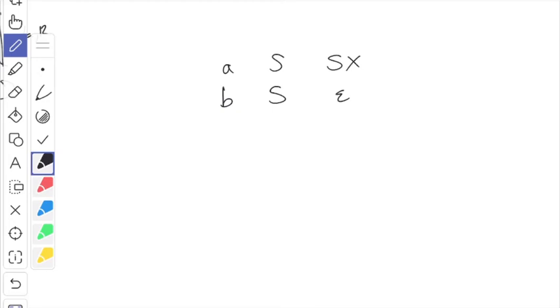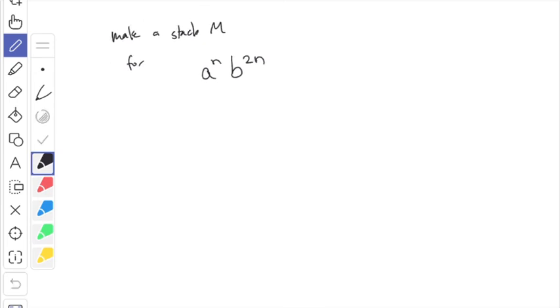So let's try to make a stack machine for, how about, a to the n, b to the 2n. Like I said before, my approach to this, just because of my own comfort, would be to first make a grammar and then convert it into a stack machine.